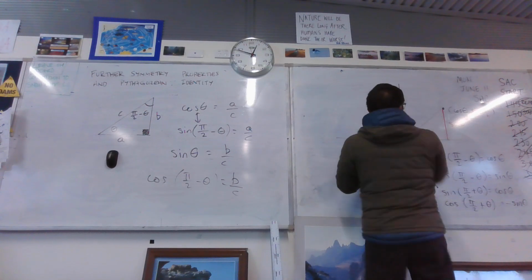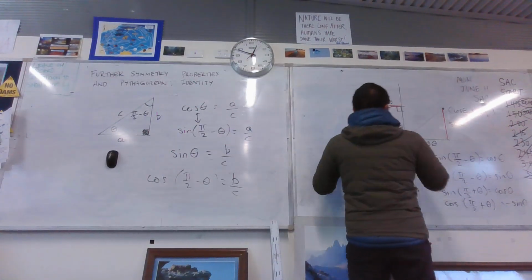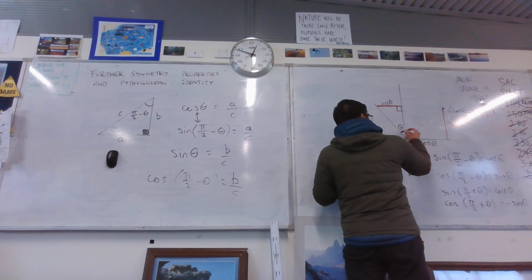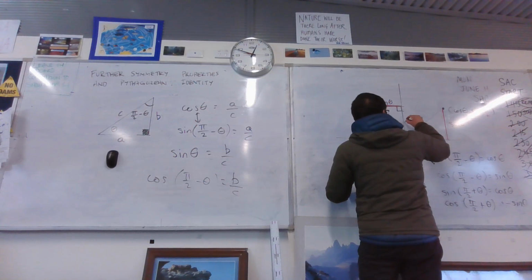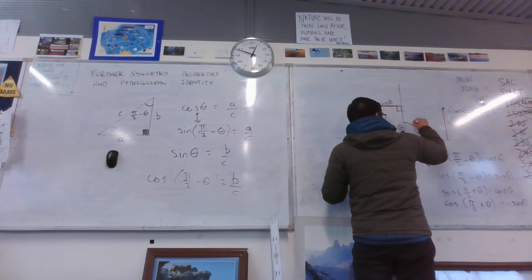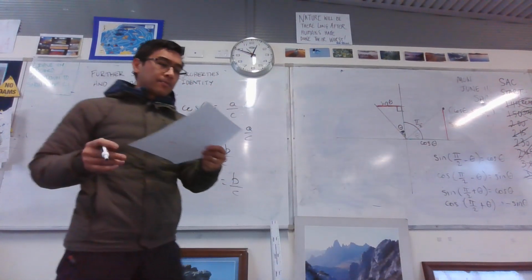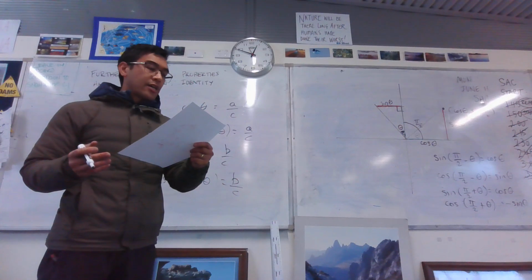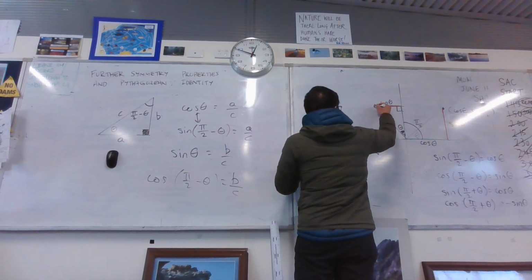Okay? We just pushed it. So, we have this angle theta that we're interested in. However, it's moved. By how much? 90. And what do we call that 90? What's the other way of saying that? Pi over 2. Okay? So what are we saying here? Let's look at this point here.